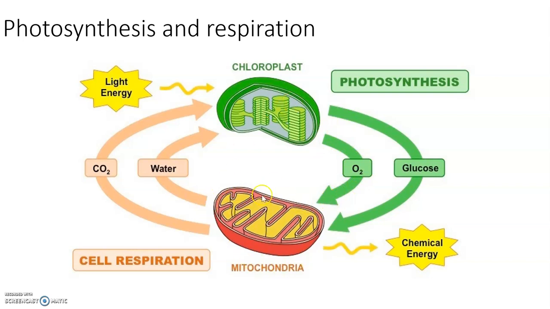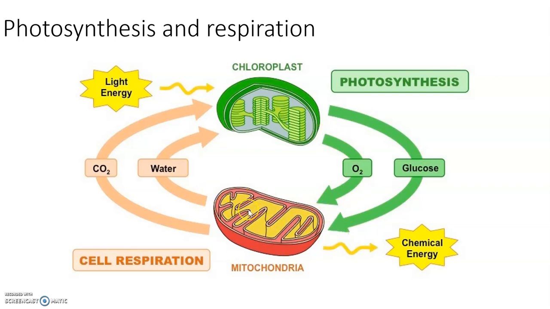Then in another organelle in cells, mitochondria, which are found in both plant cells and animal cells, right? So this process of cellular respiration will take place in both producers and consumers, both autotrophs and heterotrophs. In cellular respiration, the glucose will be broken down and oxygen is needed for that to take place.